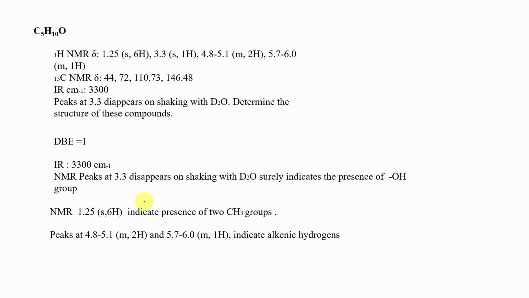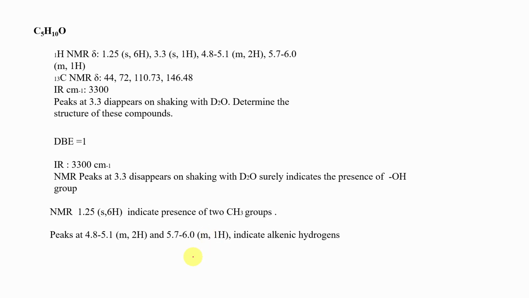Okay. Then the peak set at 4.8 to 5.1, 2 hydrogen multiplet, and 5.7 to 6, 1 hydrogen multiplet, indicates alkenic hydrogens, that is, hydrogens attached to a carbon-carbon double bond.